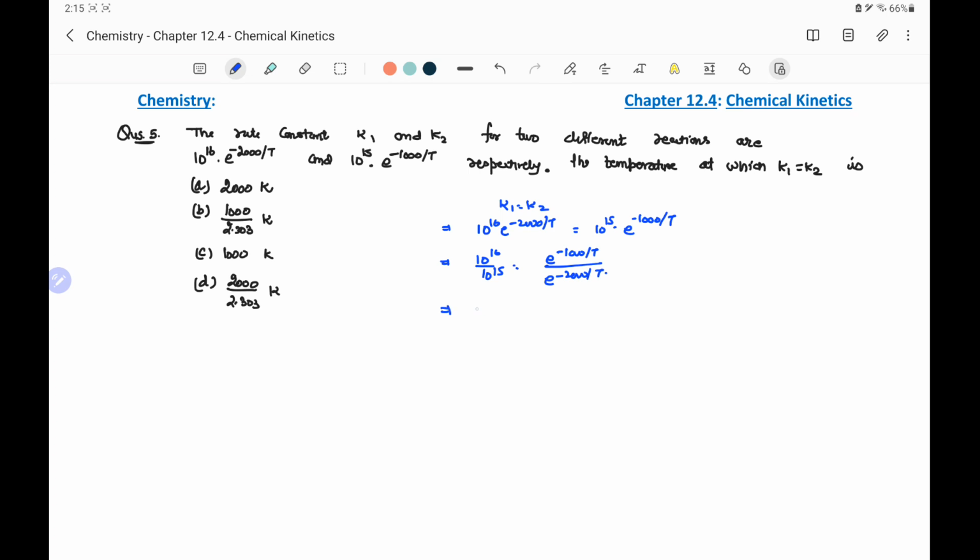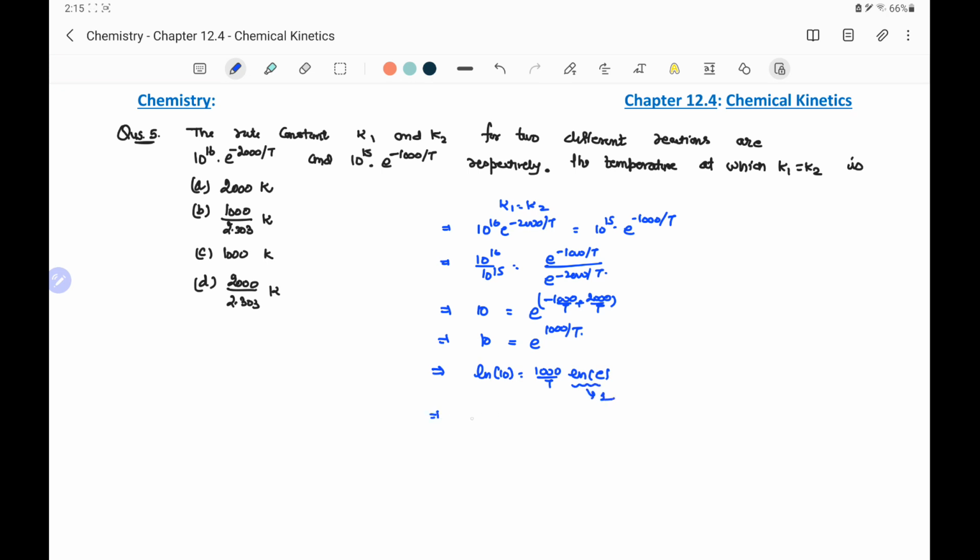So it will be equal to 10 and it is equal to e raised to the power minus 1000 by T plus 2000 by T. So we will have 10 equal to e raised to the power 1000 by T. Taking the log on both sides, it will be ln 10, that is equal to 1000 by T ln of e. Because the base is also e, this ln e has the value 1.